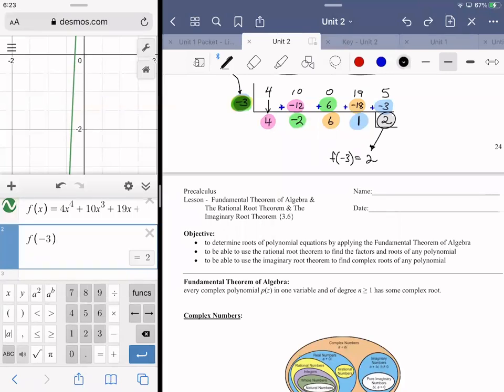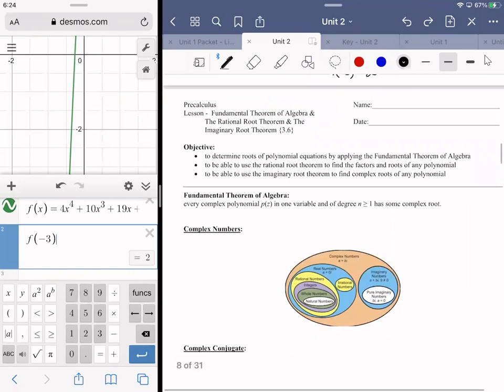You think that would be one of the first things that you learned, but if you look at the definition of the fundamental theorem of algebra, it's not the sort of thing that a first semester math student would really be able to comprehend. You wouldn't have the skills yet. Every complex polynomial in one variable and degree n greater than or equal to 1 has some complex root. That's a mouthful. And it doesn't mean anything if you don't know what a complex number is.